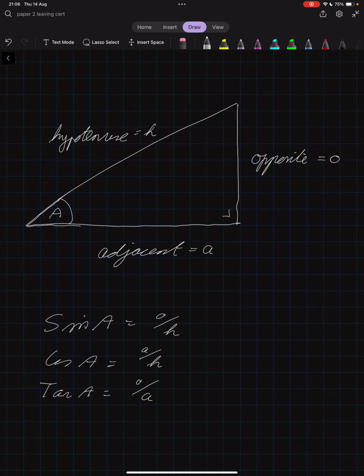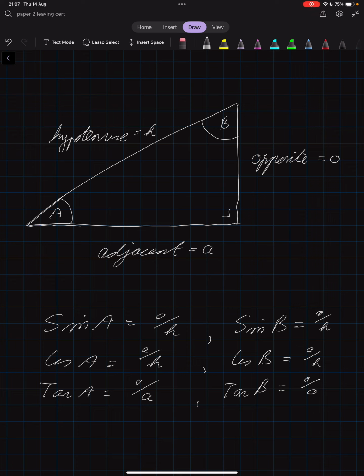Also, if we look at the angle B, you can try and think about what the sine, cos, and tan of B would be. In this case, the sine is going to be A over H. The cos is going to be O over H. And then tan is just going to be A over O. So if you look, sine and cos have been flipped.